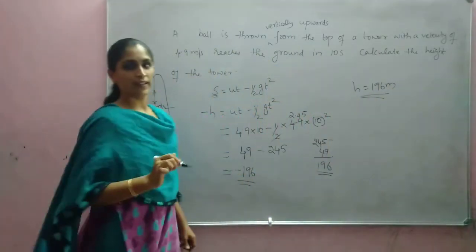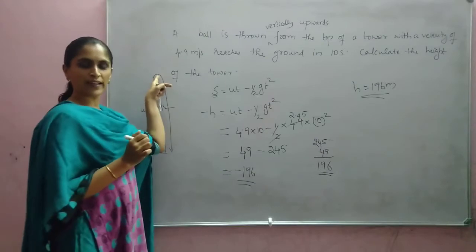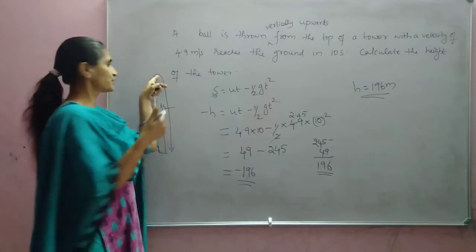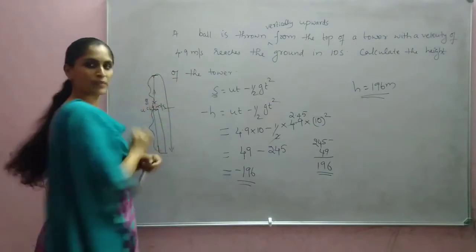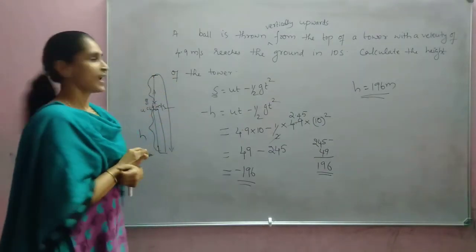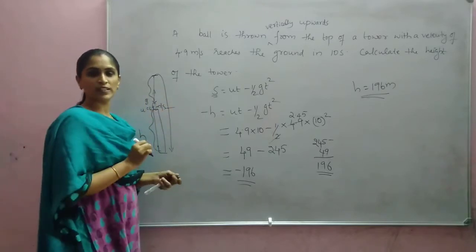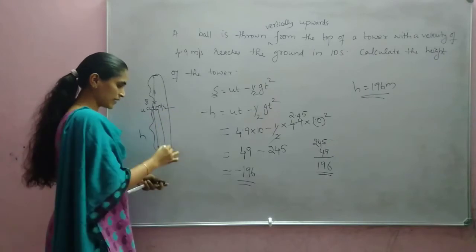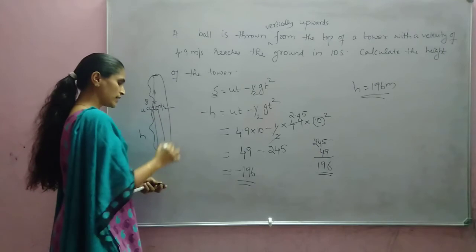This is one way. Another way is that you have to find the time taken to reach the maximum height, and when it reaches this maximum height, you have to note down the velocity. Then with that velocity it is coming down, so you take it as the initial velocity.